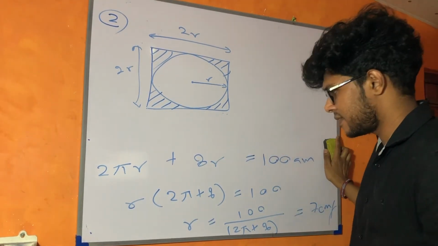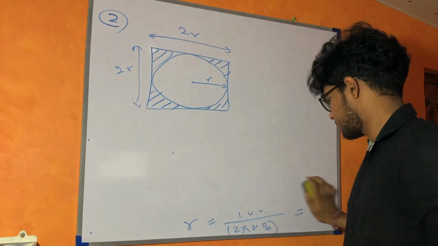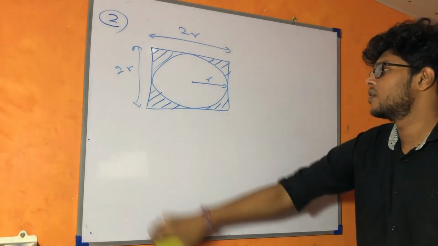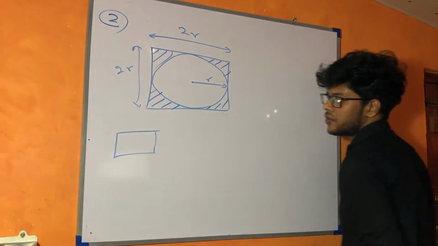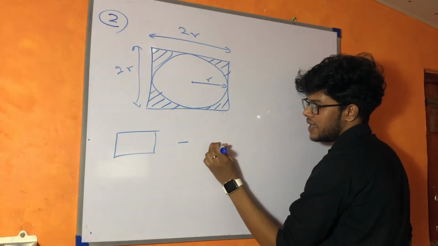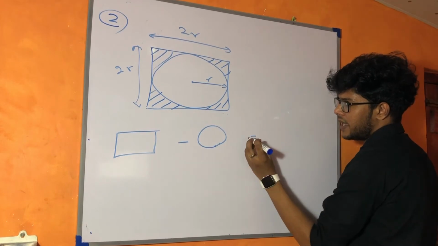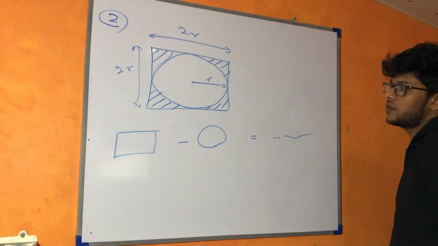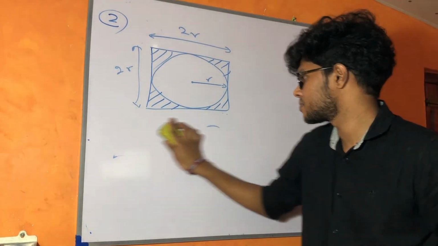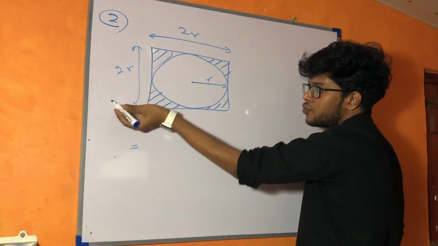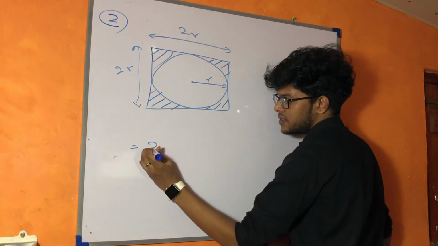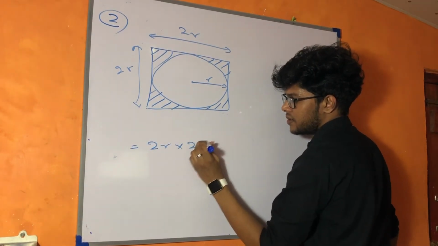So I'll erase this. You can find the area of the square and deduct the area of the circle, and you will get the area of the shaded region, right? So what is that value? The area of the square is 2r into 2r.